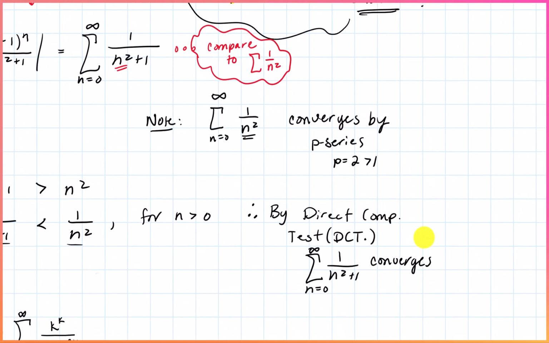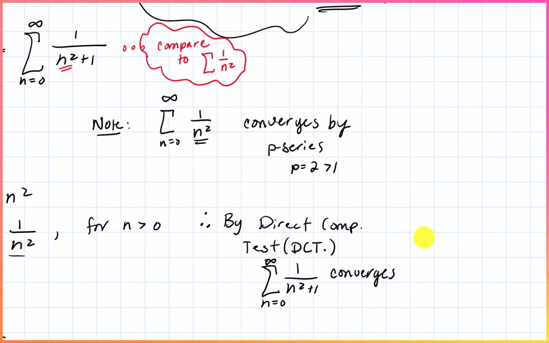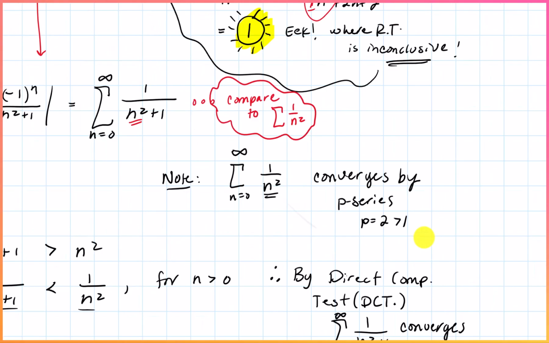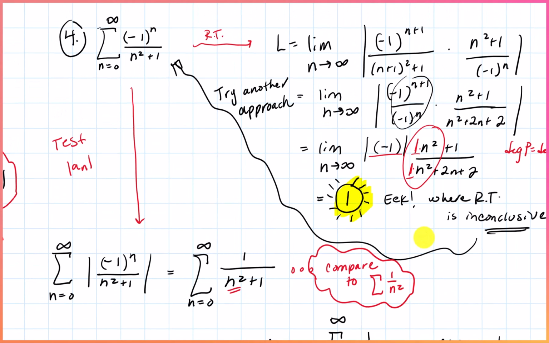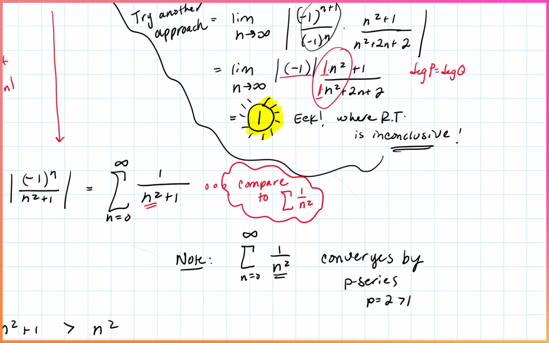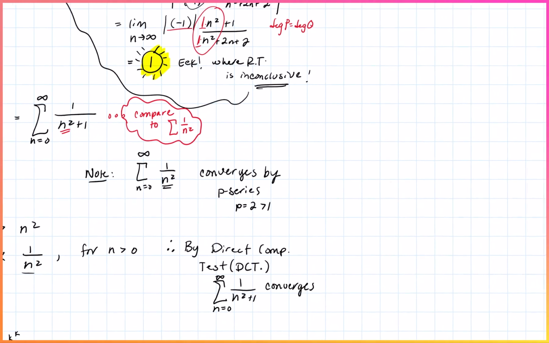Now, that's not actually the series we were looking at, though. Remember, our series has a negative 1 on it. So oops, let's undo that. Grab my highlighter. Our series has that negative 1 on it, but when we take the absolute value, we get convergence.